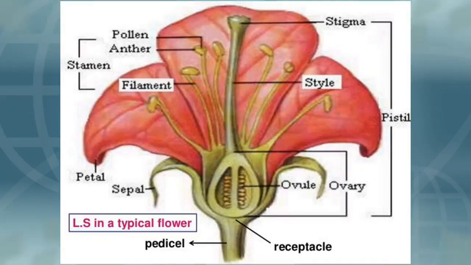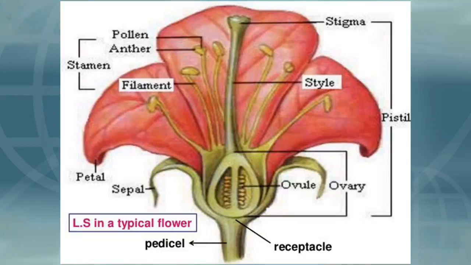The ovary contains tiny ball-like structures called ovules, which later become seeds.